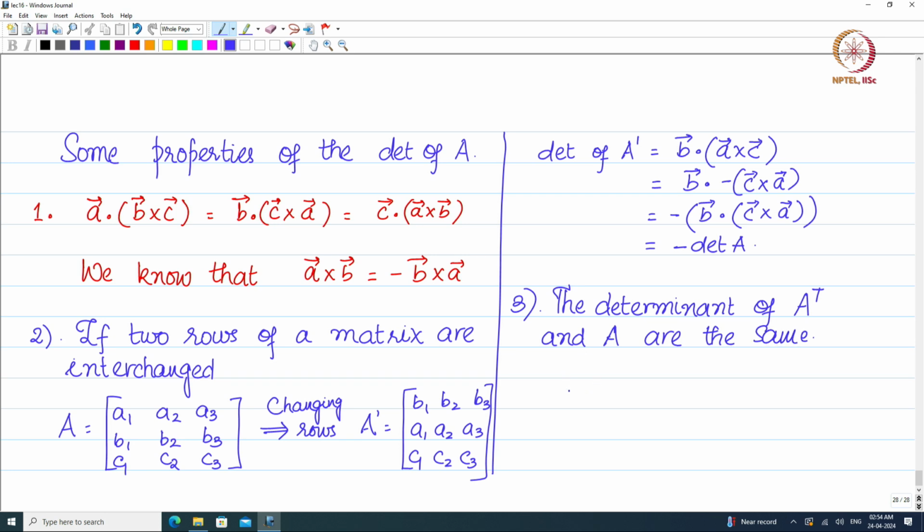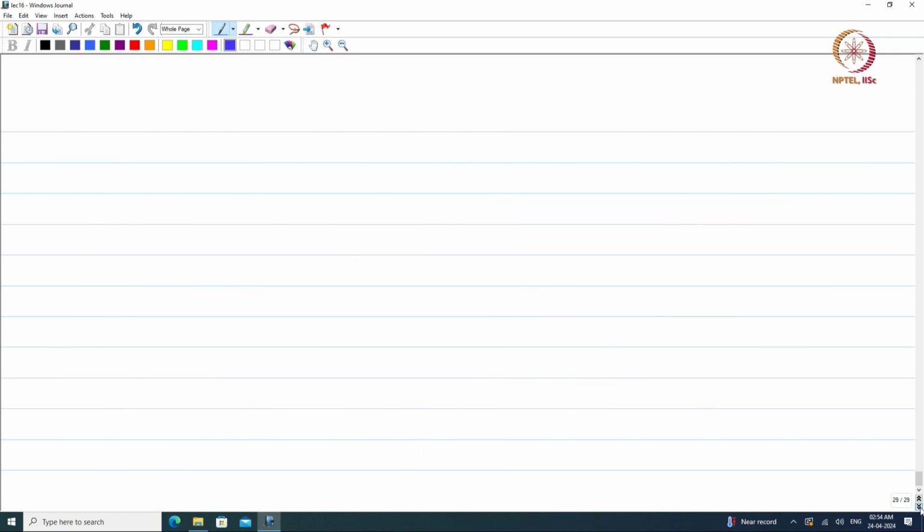We are going to say that the determinant of A transpose is equal to the determinant of A, right. Okay. Now, some more properties. So, we have already said that if you change the rows, we end up getting the sign changed version of the determinant. So, the fourth property we are going to have, the third.